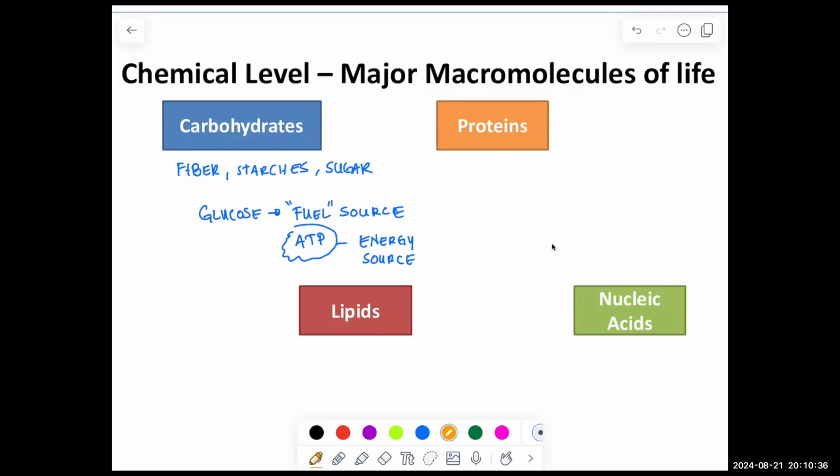Proteins. Proteins are made of 2 or more amino acids. Amino acids are important. Amino acids make the building blocks of cells. Okay, so cells are made of many amino acids that form different proteins.